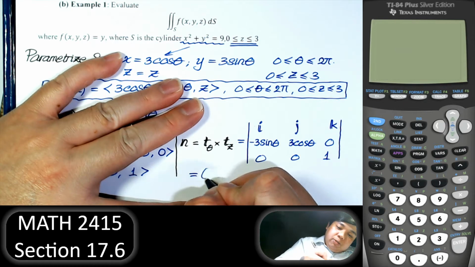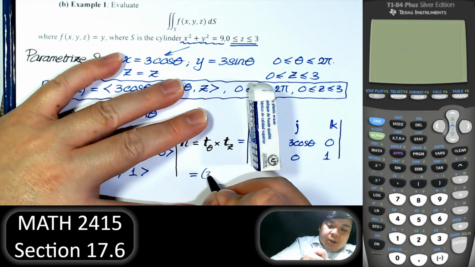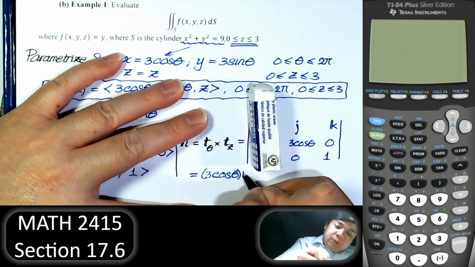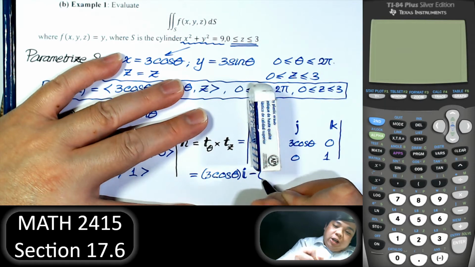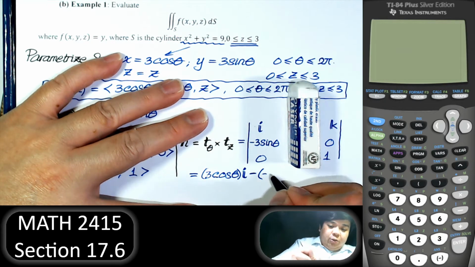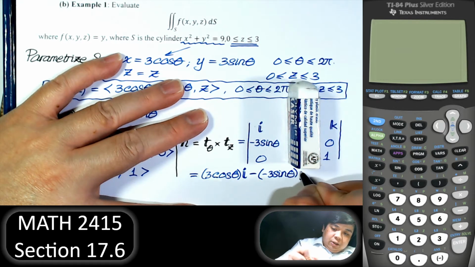So for the i component, we have 3 cosine theta i. For the j, that is subtract, and we have negative 3 sine theta j.